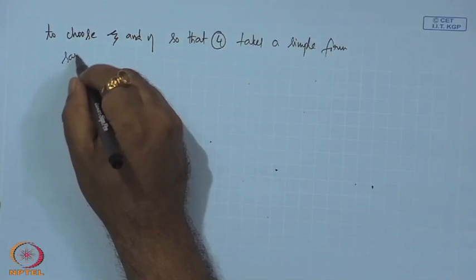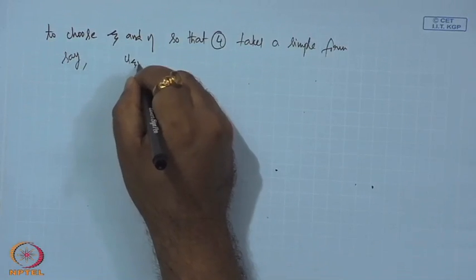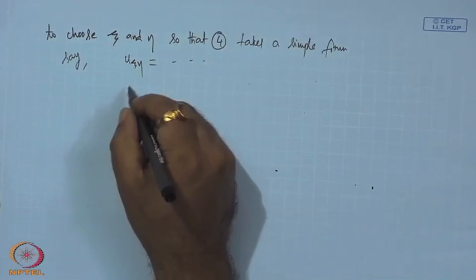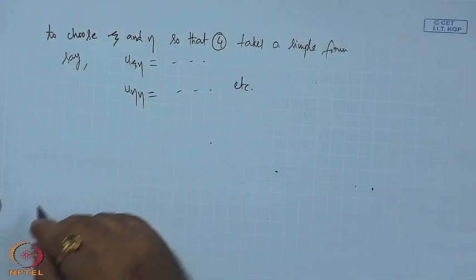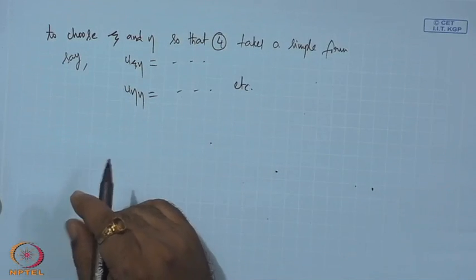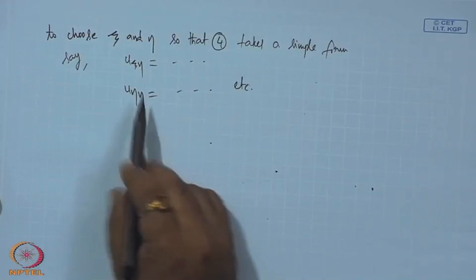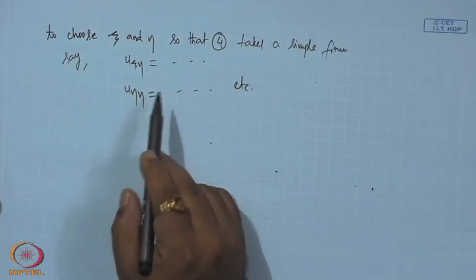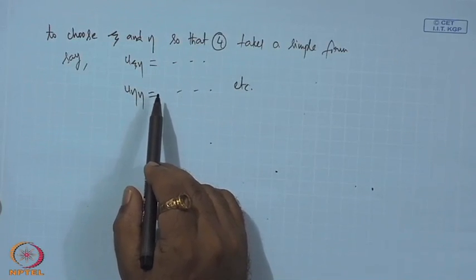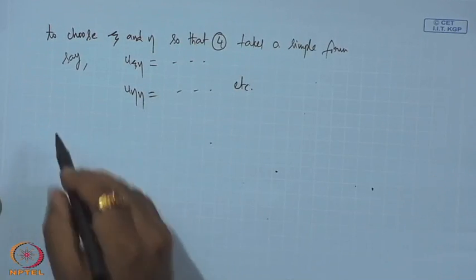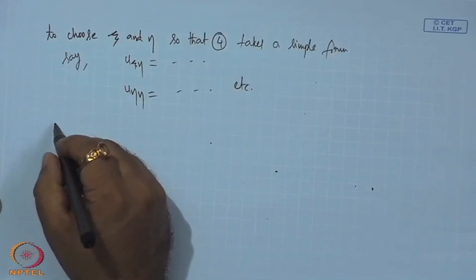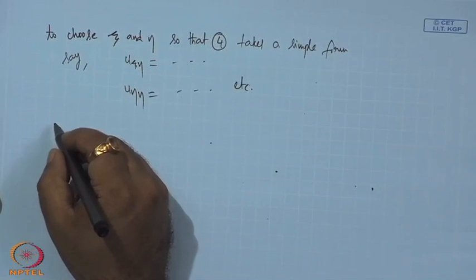Say, equal to something, etc. So this is our aim. Okay, so let us try to do that.